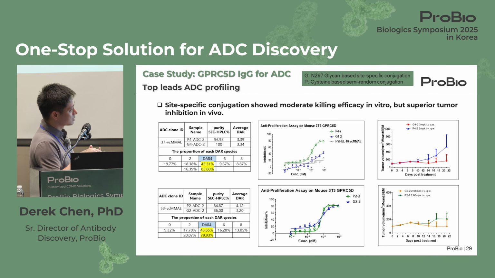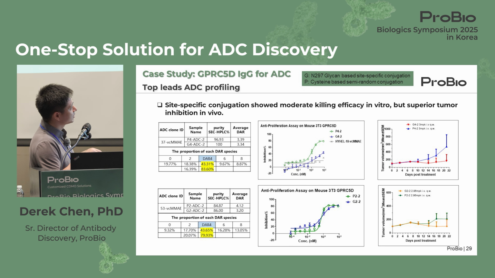This is a little bit of a surprise to us, but in the disease models, in the tumor models, we see the reverse pattern. The site-specific conjugated samples show a much better tumor inhibition, which is red, compared to the blue one, which is the semi-random, the cysteine-based conjugated samples.